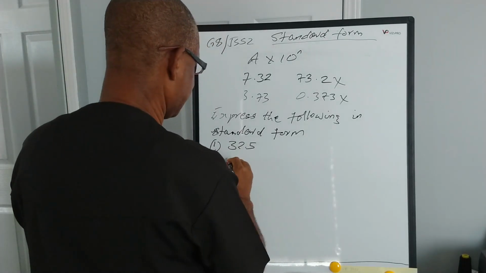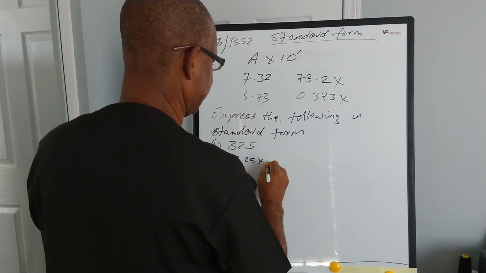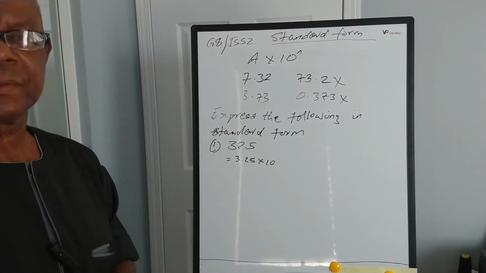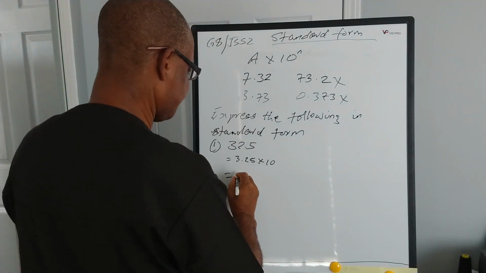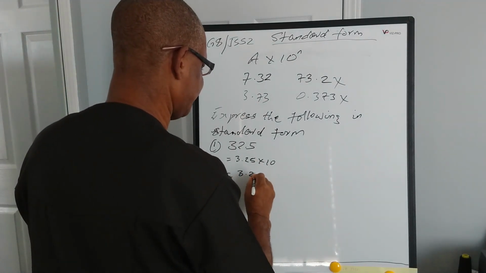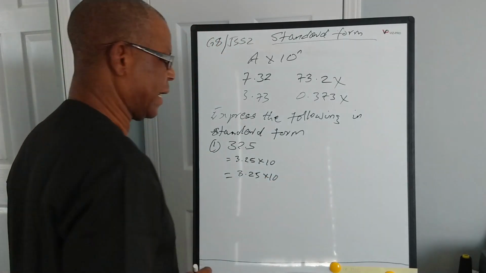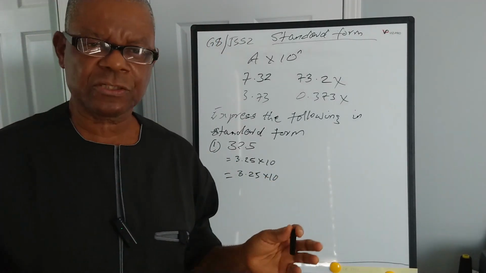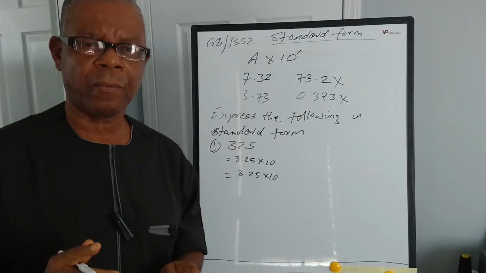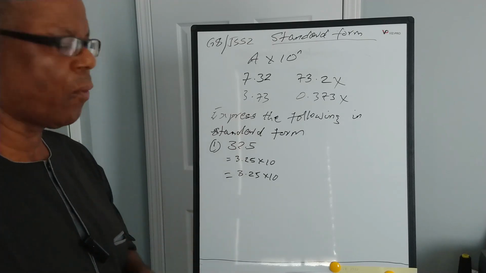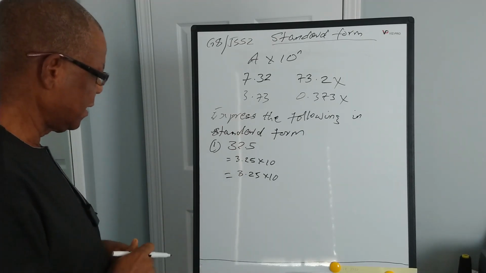This can be expressed as 3.25 times 10. Somebody can say raised to power 1, but that may not be necessary, because any figure without power is automatically raised to power 1. So this is our standard form.